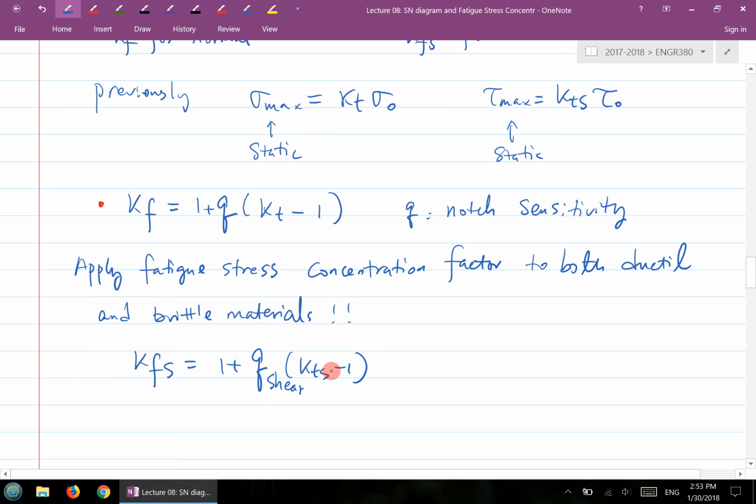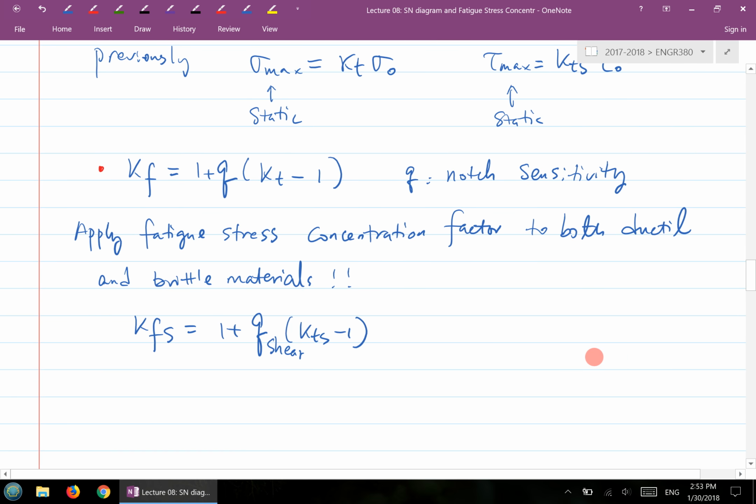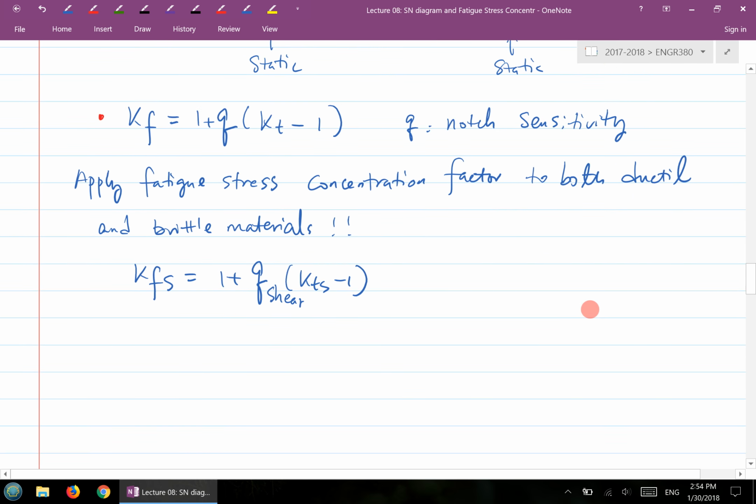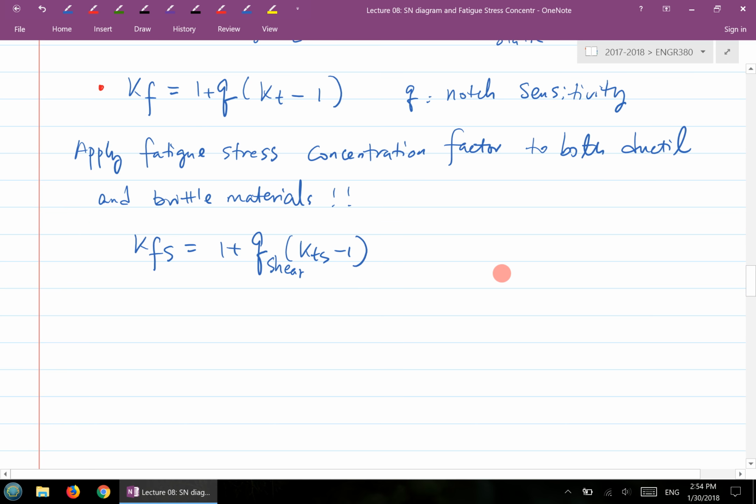To find this Q or Q shear, there's a handout that I gave you, and on the second page there is a way to find the Q or Q shear.